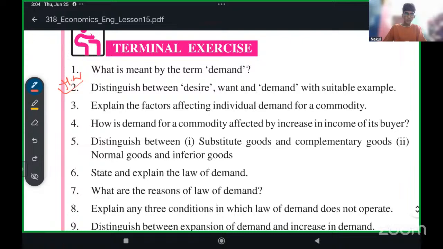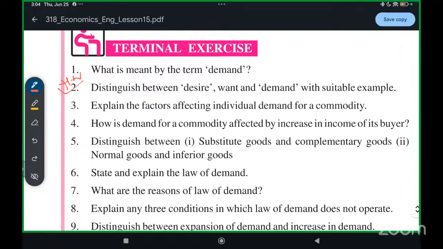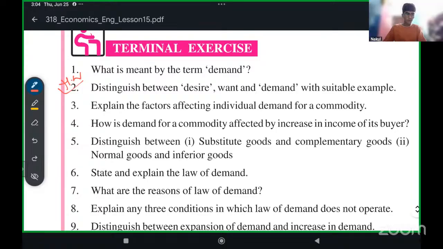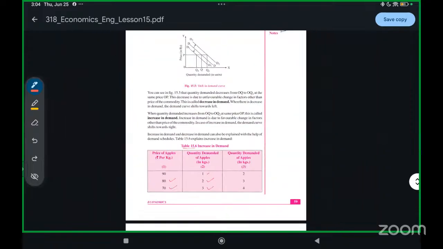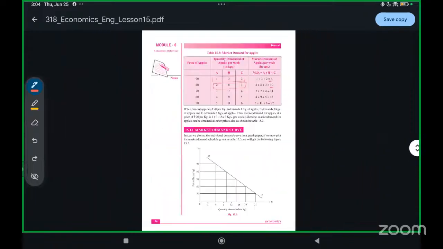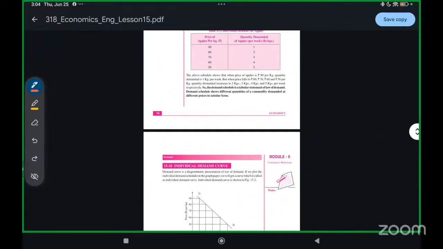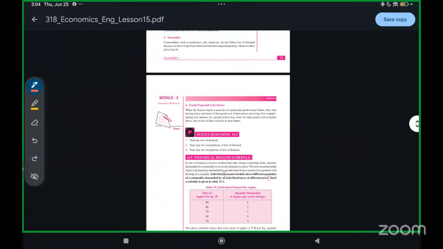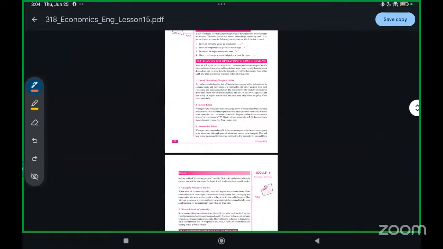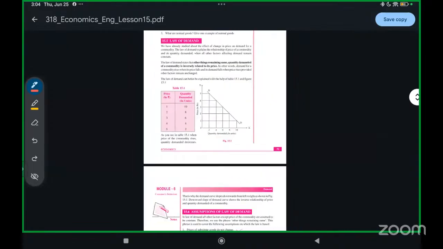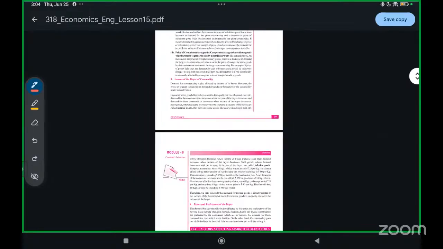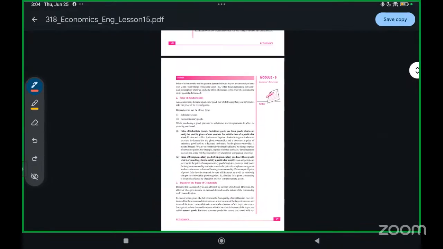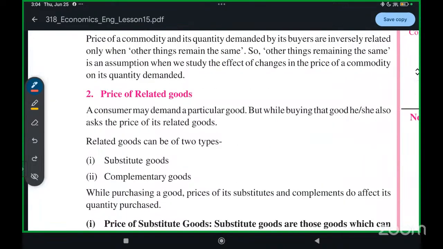That is an example, but I asked for factors affecting individual demand. The factor points are: the first is the change in the price of related goods.